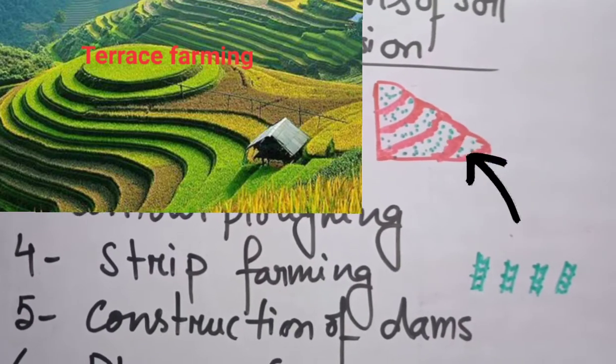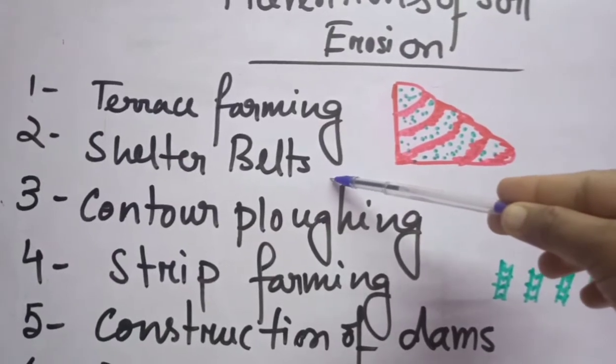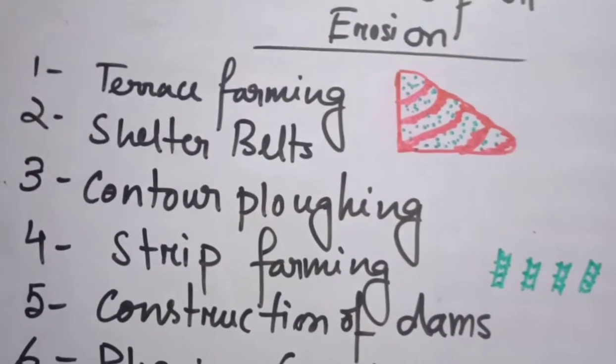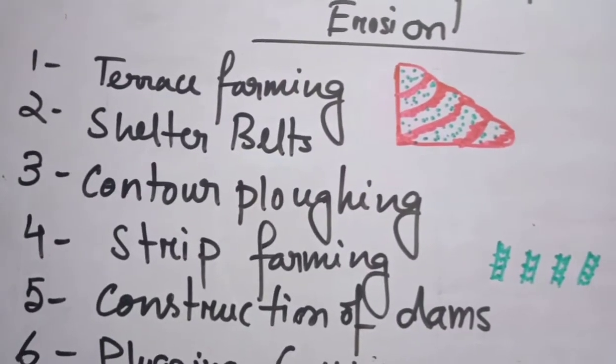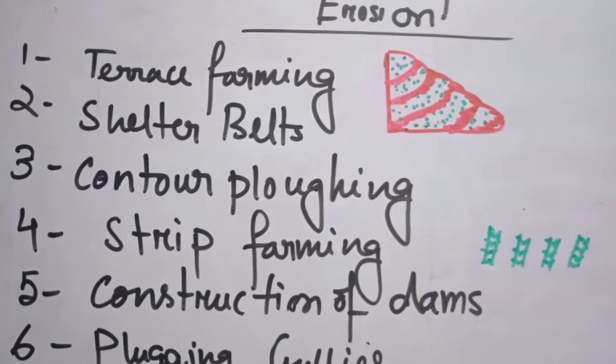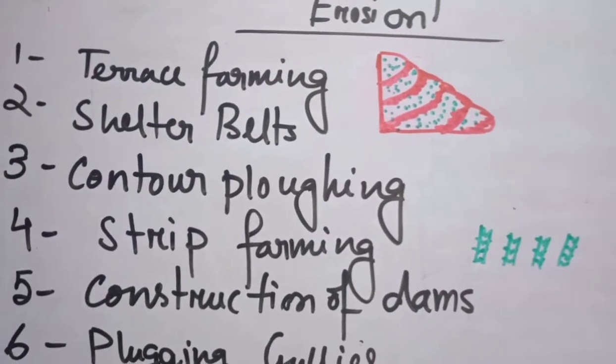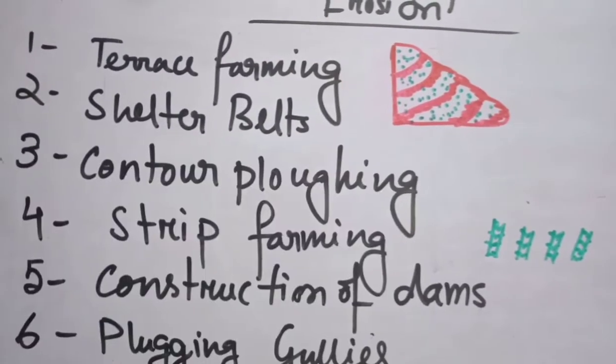Okay, next is shelter belts. A shelter belt is very important at the outskirts, or surrounding, of the agricultural land. Farmers plant some trees there, and when these trees are planted, they prevent the work of the wind.